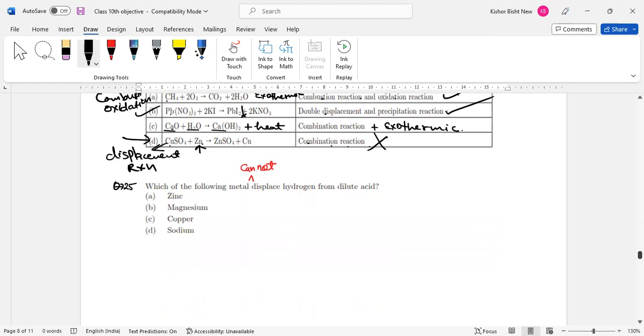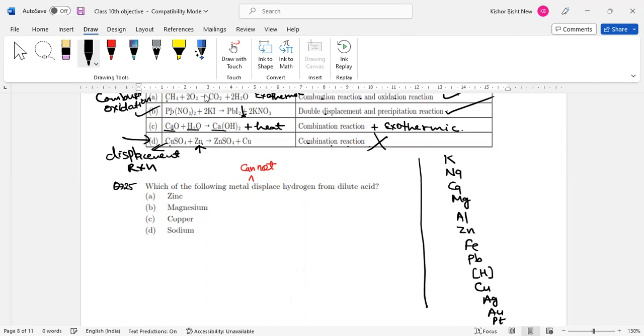Now come to the next question. Which of the following metals cannot displace hydrogen from dilute acid? This question is again from the reactivity series. Please remember again and again: potassium, sodium, calcium, magnesium, then aluminium, zinc, Fe, Pb, then hydrogen, then copper, Ag, Au, Pt.